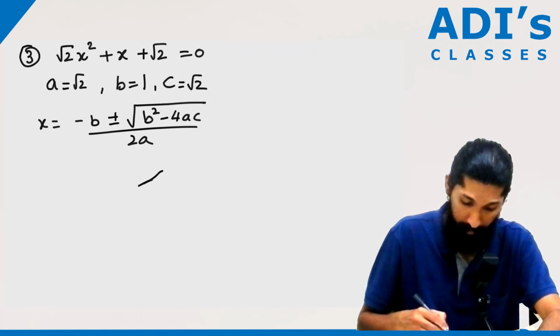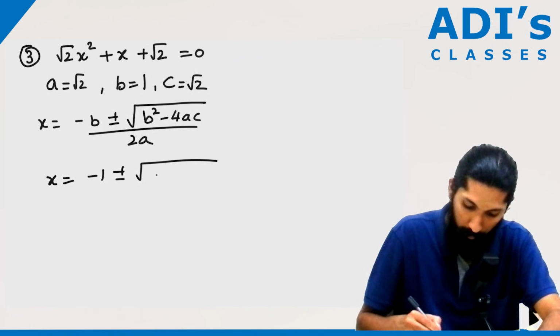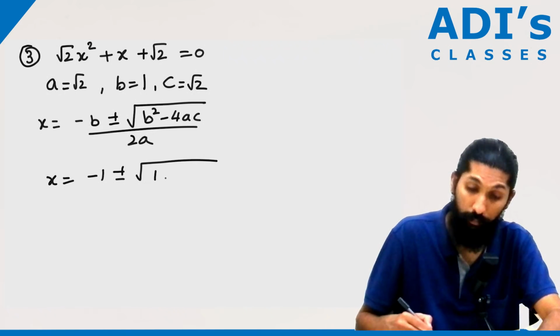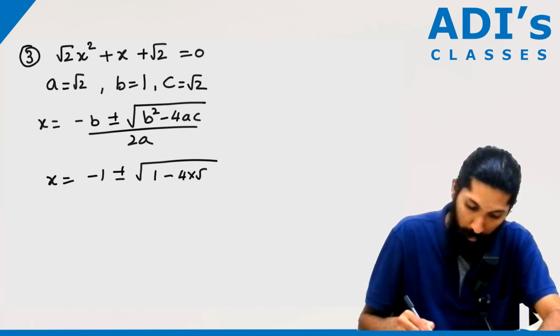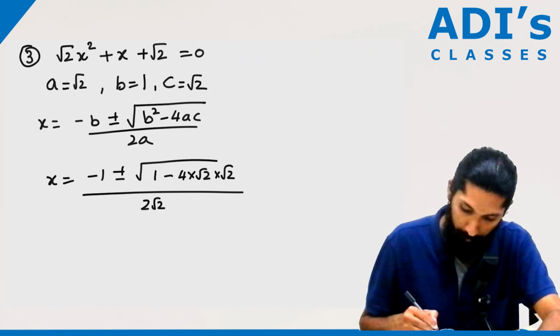So x = (-1 ± √(1² - 4 × √2 × √2)) / (2√2).